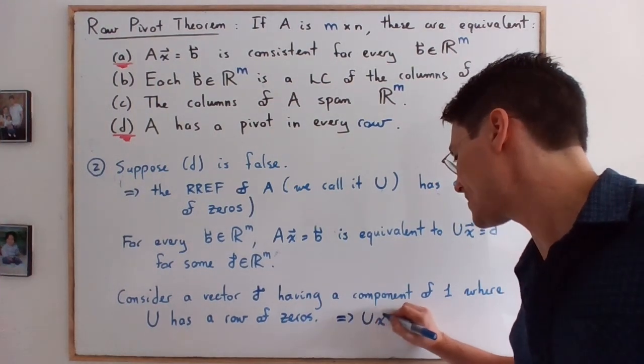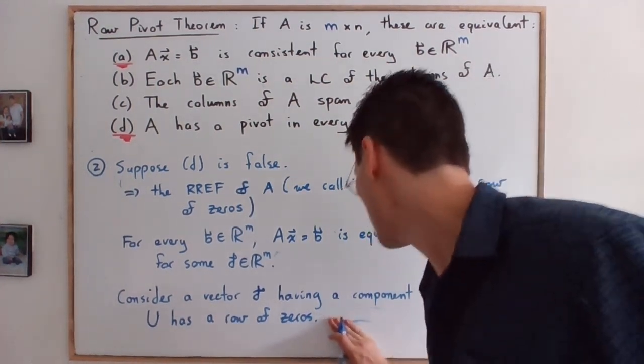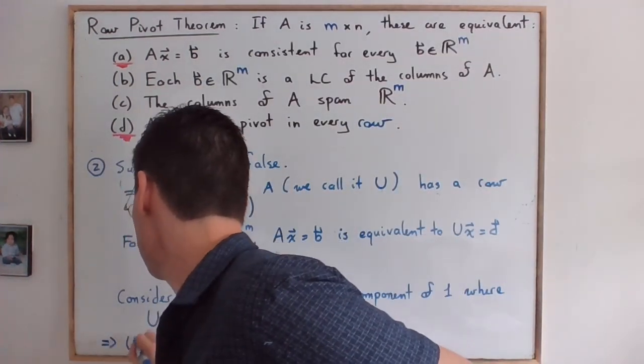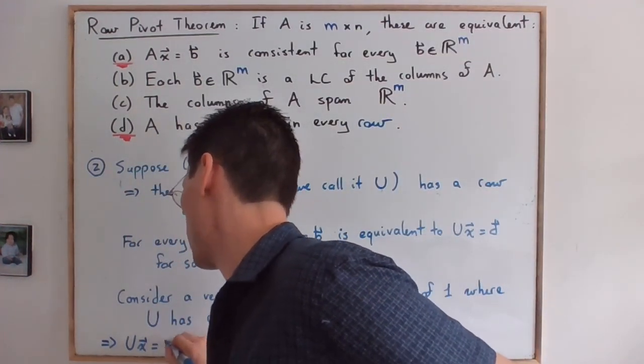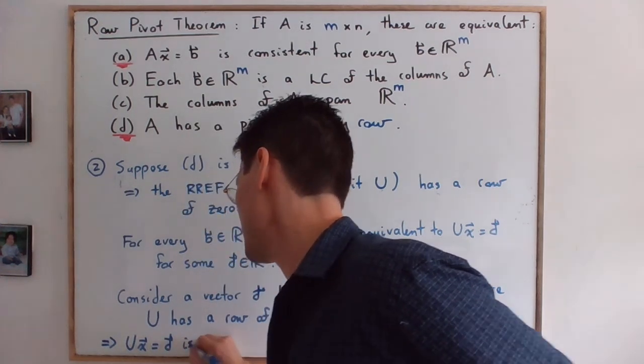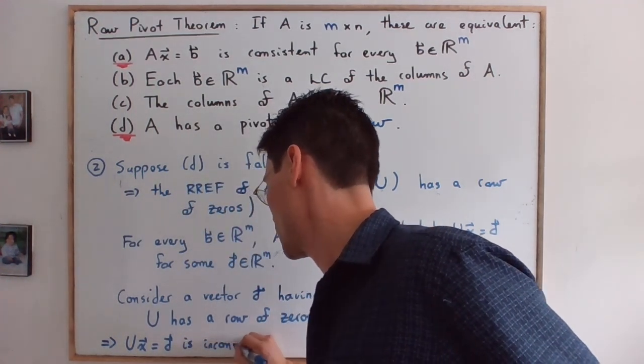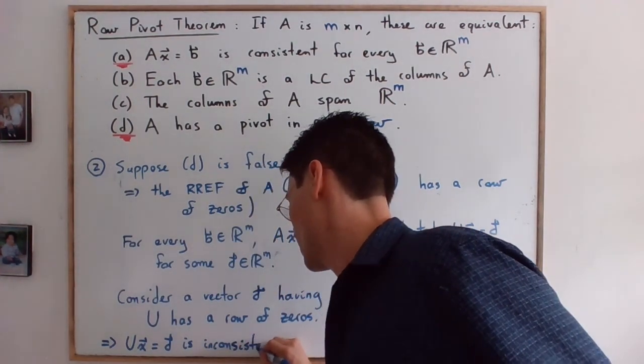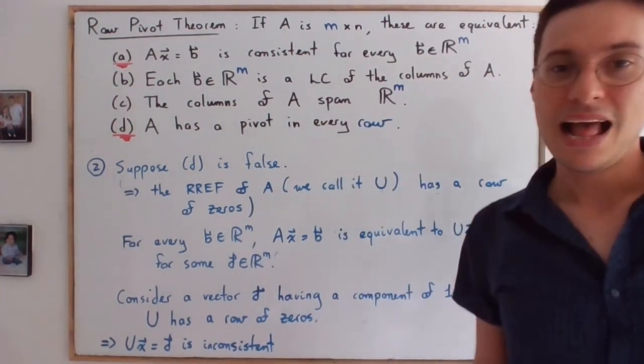So Ux, actually, I'll write underneath. So it means that Ux equals D is inconsistent. Okay?